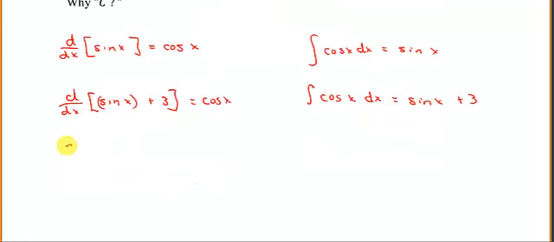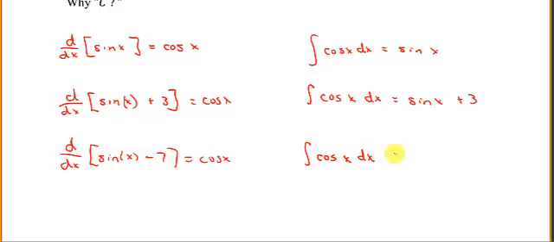Similarly, the derivative with respect to x of sine of x minus 7 is cosine of x. So it would have made as much sense to write the integral of cosine of x dx is equal to sine of x minus 7.